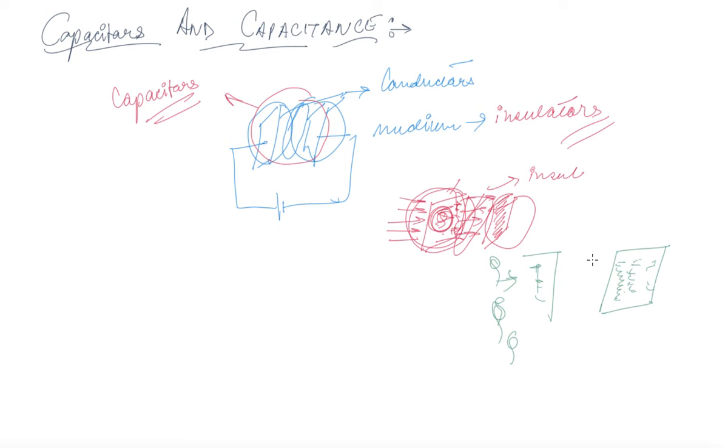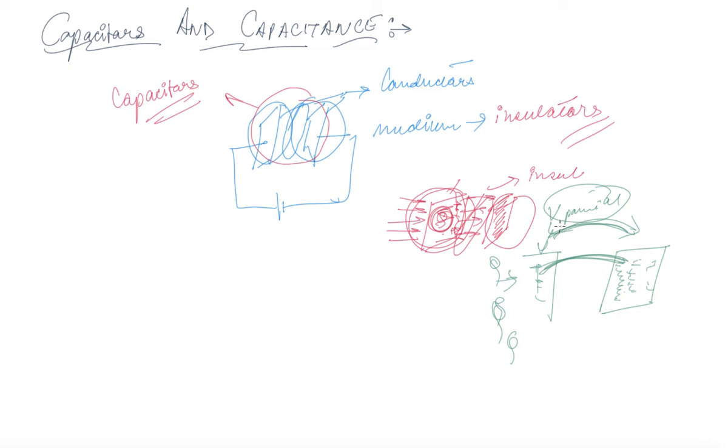Now there is a difference in potential between these two. Because of this particular happening, a potential V develops, that is the potential difference between these two.